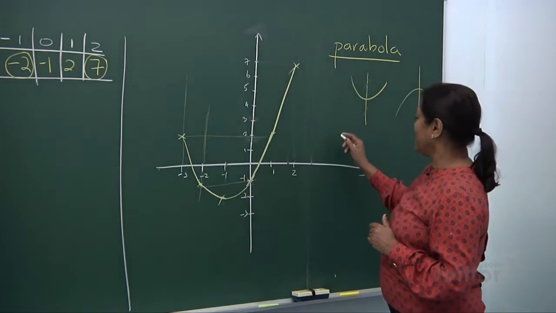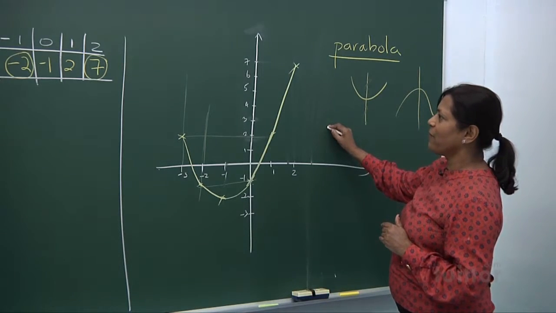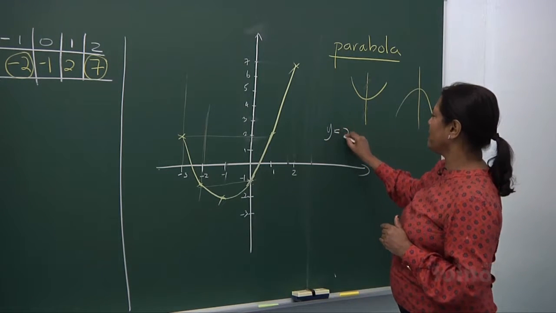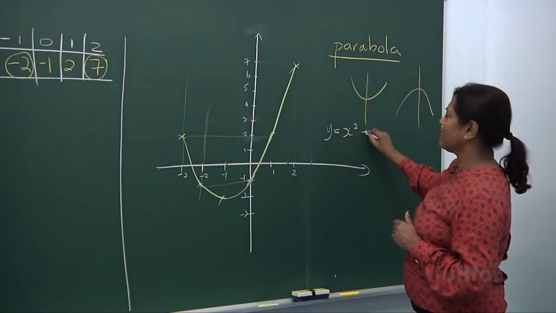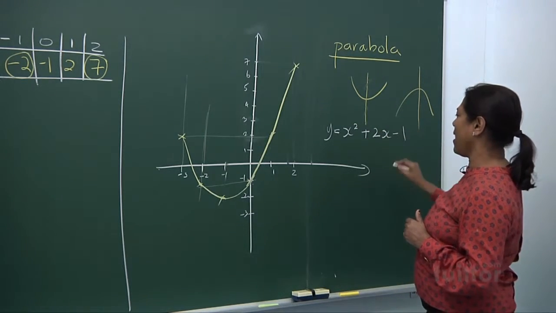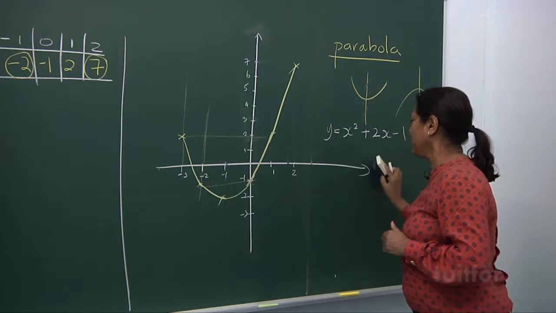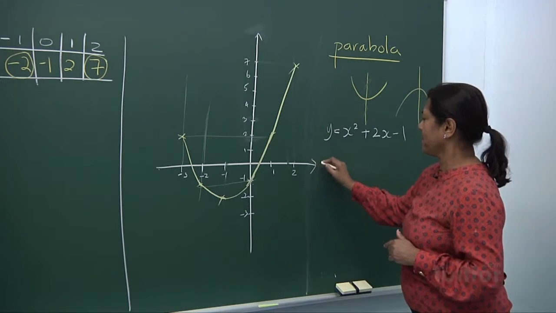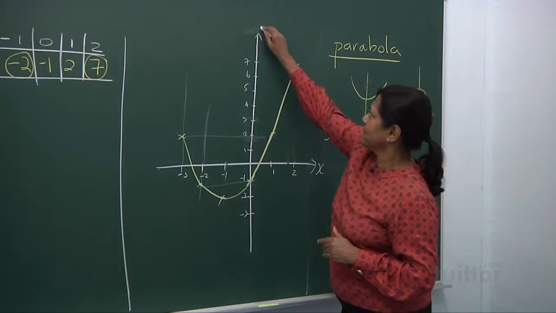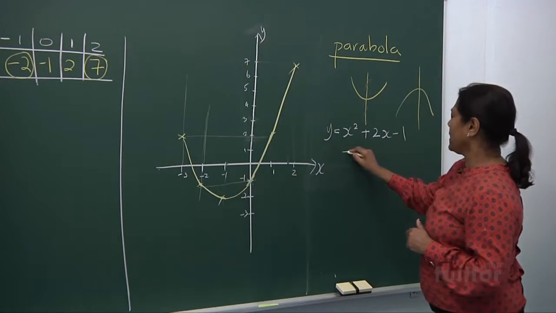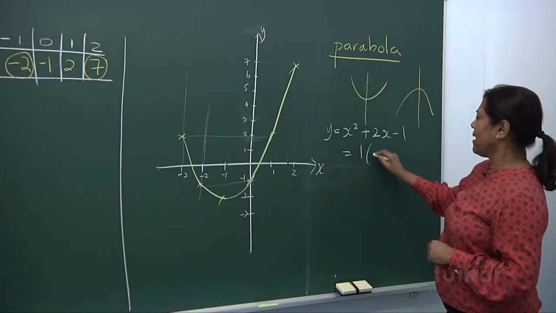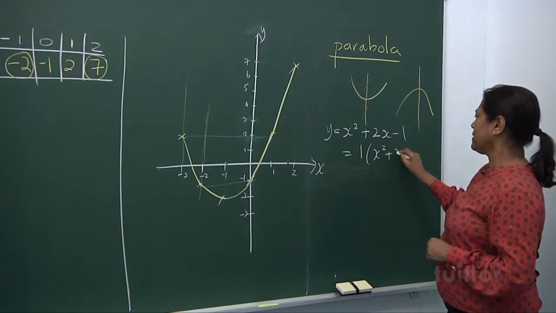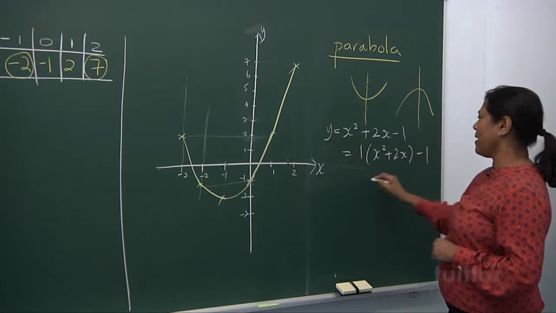Now what is it all about? You look at the formula again. Y equals x squared plus 2x minus 1. We take out x squared, and this is 2x minus 1.